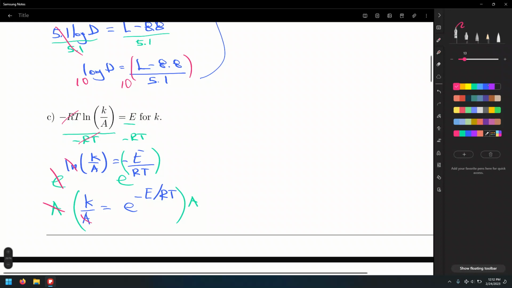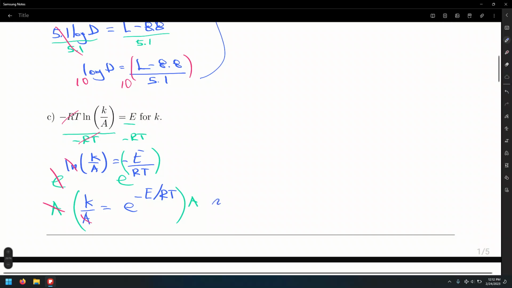Cancel A with A, and that's going to give us K equals A e to the negative E over RT. All right. So again, that's basically going back and forth between logarithms and exponentials.